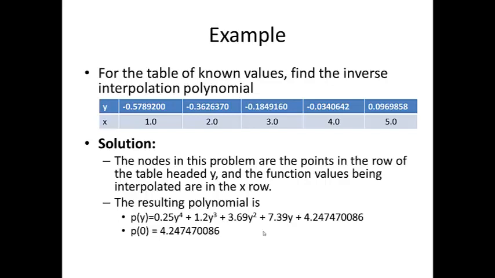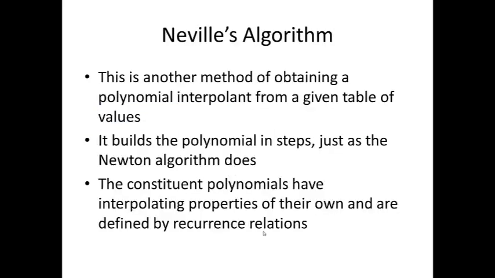Take a brief look at Neville's algorithm, which provides another method for obtaining a polynomial interpolant from a table of values. It builds the polynomial in steps just as Newton's algorithm does. Constituent polynomials have interpolating properties of their own and are defined by recurrence relations.